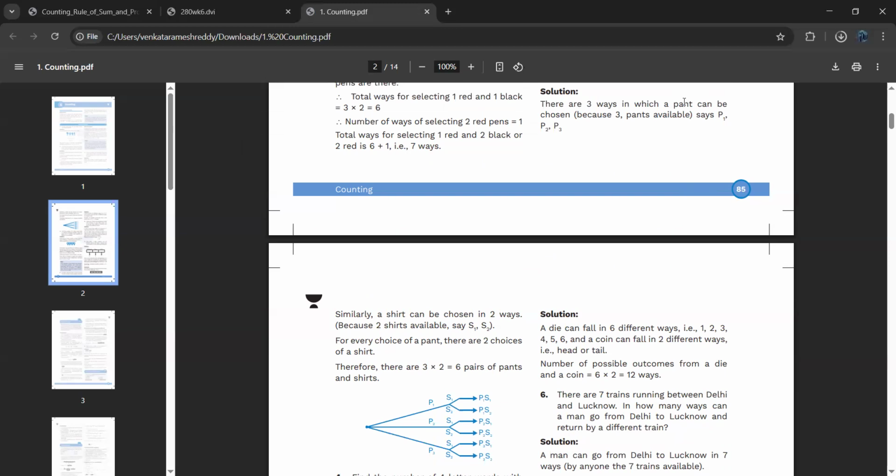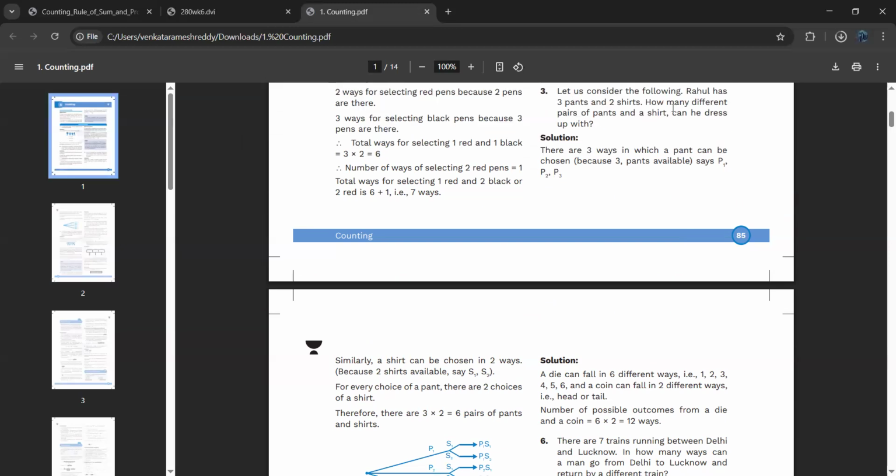It means multiply three pants into two shirts, because this event is independent of another event. So that's why you have to multiply 3 into 2. So overall, he can dress up in six ways.